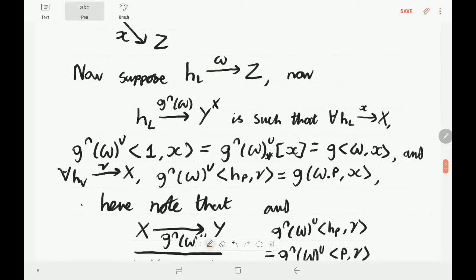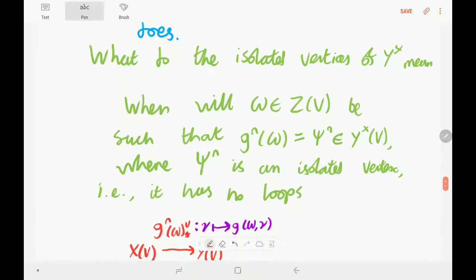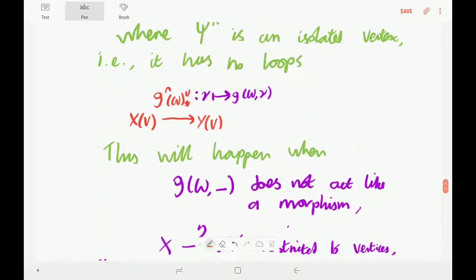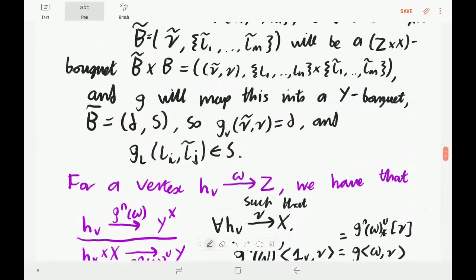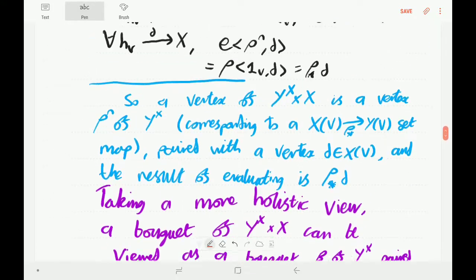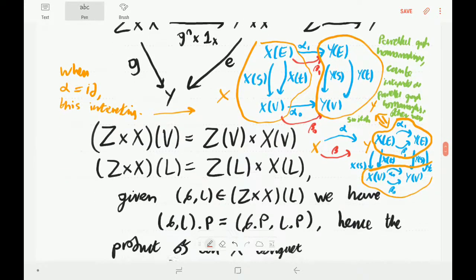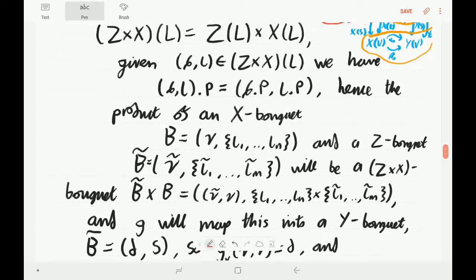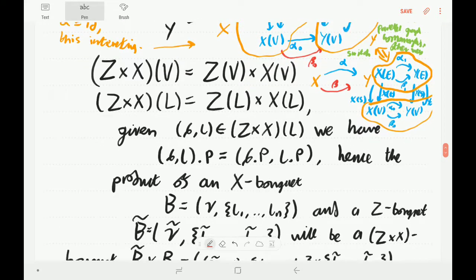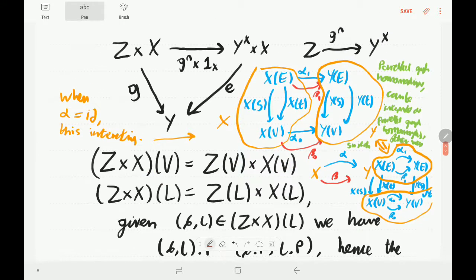So how does this work in practice? Well, let's suppose we have a loop. Firstly, it's a good idea to understand how G works. So what's this, Z times X?